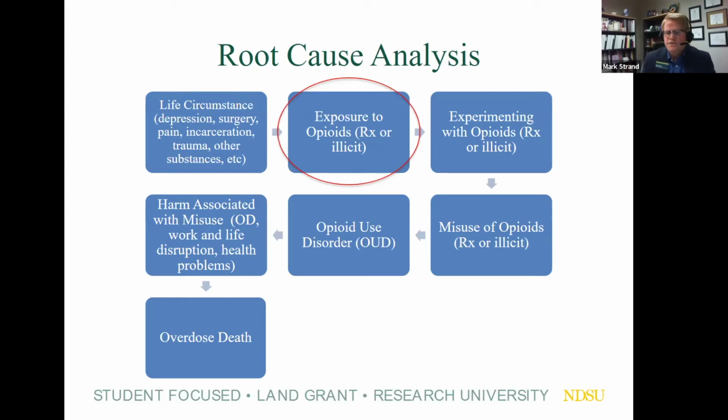So an overdose death will result from an individual who has, well, let's go back to the beginning. I'll just go in sequence. It's maybe more logical. So the starting point of an opioid use disorder is a life circumstance. Individuals with mental health disorders, depression and anxiety are known from our research to have a much higher occurrence of opioid use disorder.